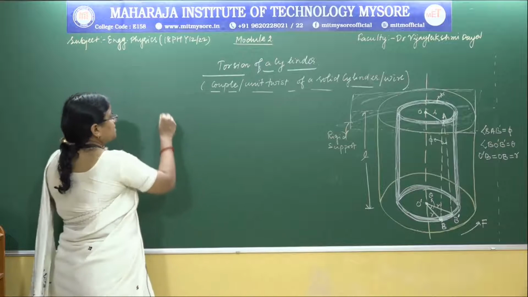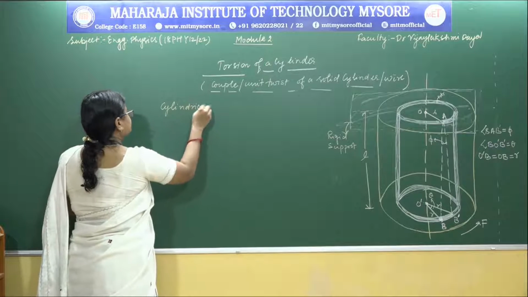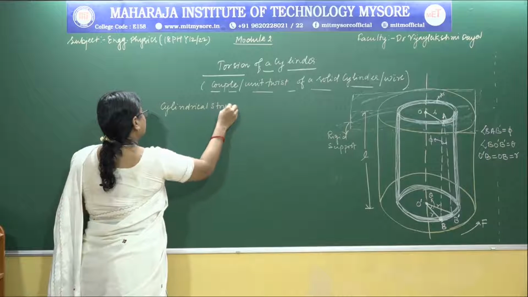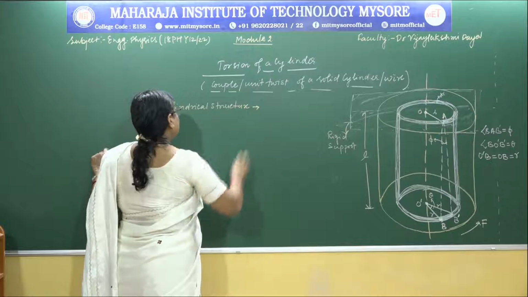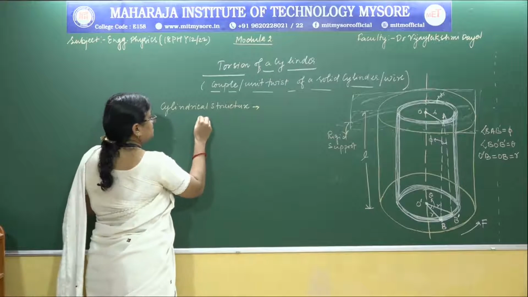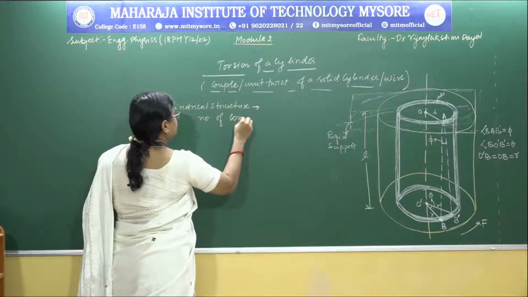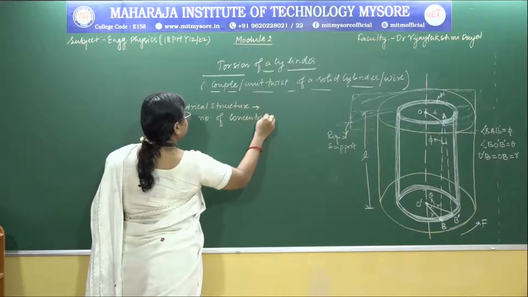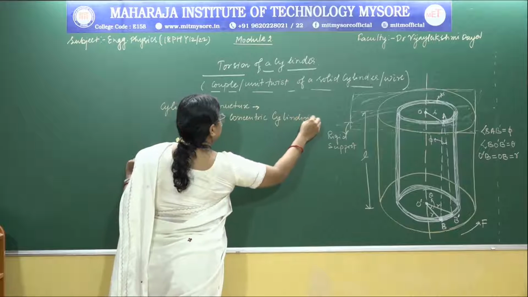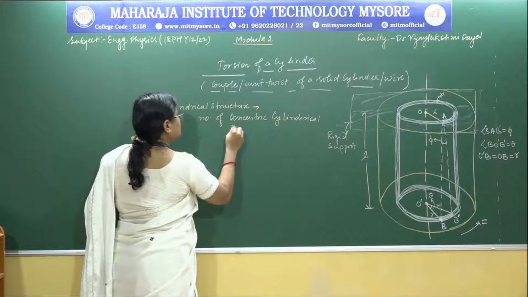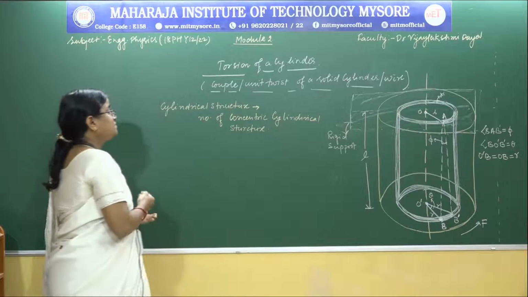So we have considered a cylindrical structure, and in this structure we can consider many concentric cylindrical structures.